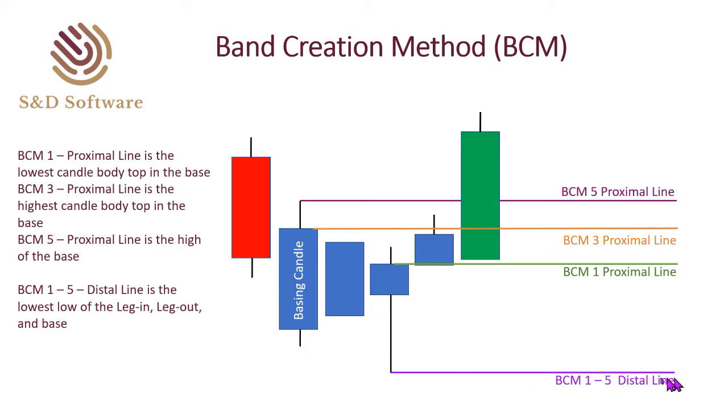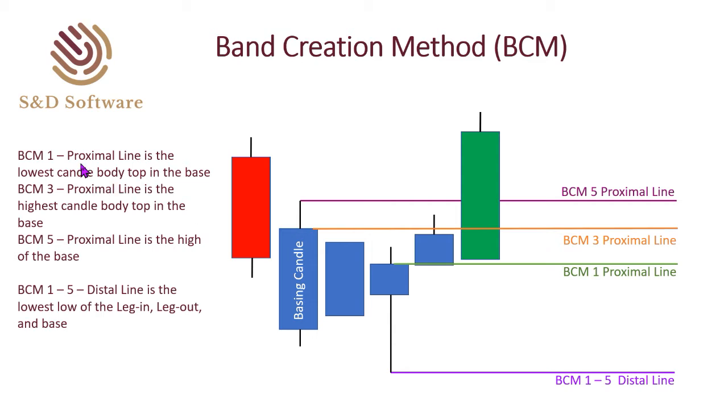And you can see here that the distal line is drawn the same regardless of the band creation method. But we have band creation method 1, 3, and 5. And you can see that 1 draws the narrowest zone, 3 is a medium zone, and 5 is a wider zone. And over here in the text, we have the details about how these are drawn.